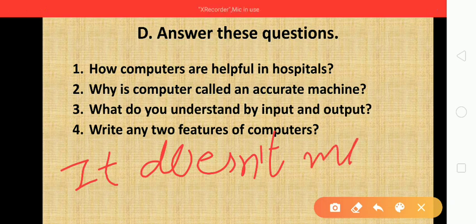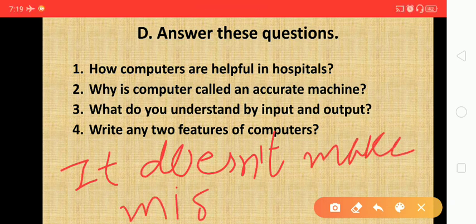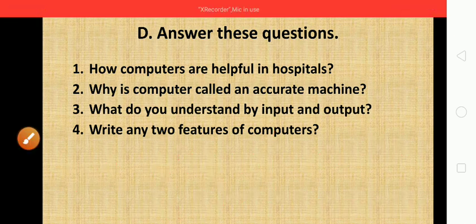I hope you will understand my writing over here, because it is quite difficult to write on a screen. So why is a computer called an accurate machine? Because it does not make mistakes, and it is a mistake-free machine, right?